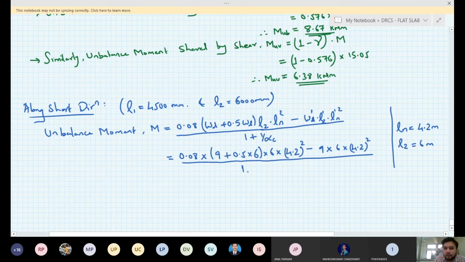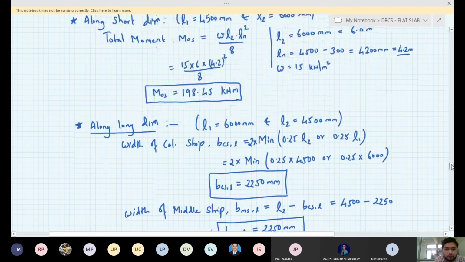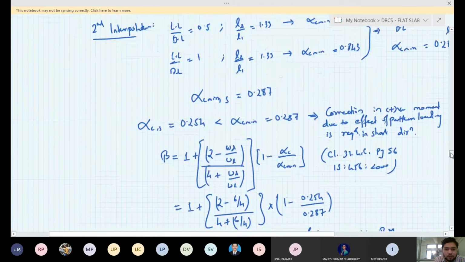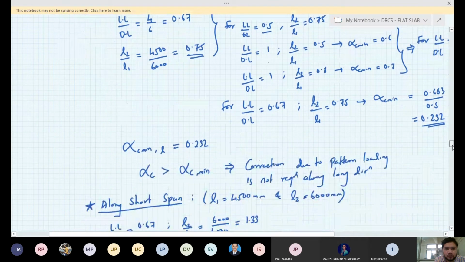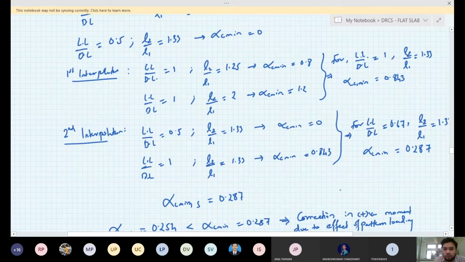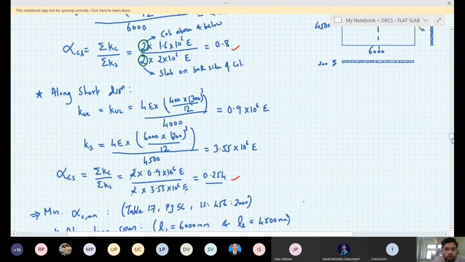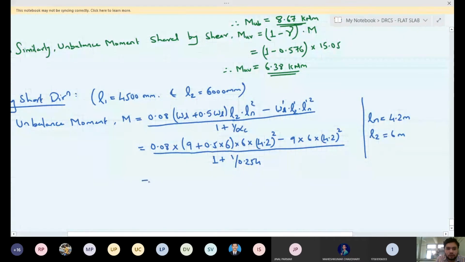divided by 1 plus 1 by alpha c along the short direction. So alpha c along the short direction was 0.254. Okay, if you remember, we have found the alpha c along the short direction. This is the value of alpha c, 0.254. So you can sum up these values.